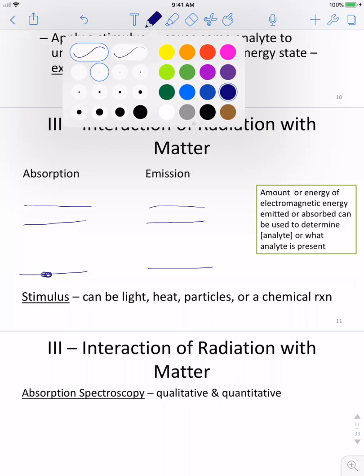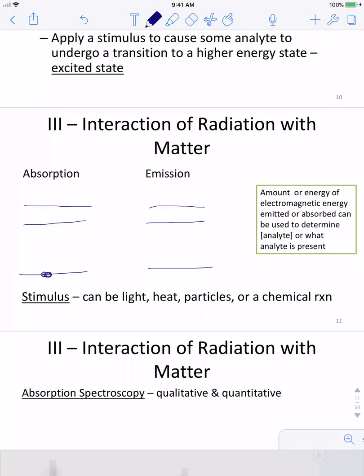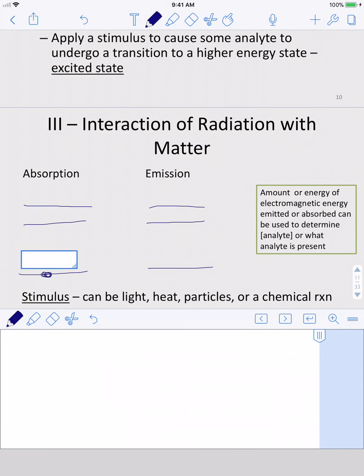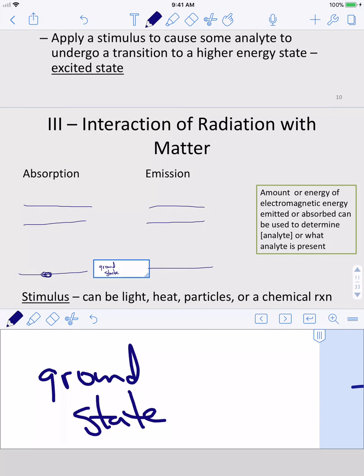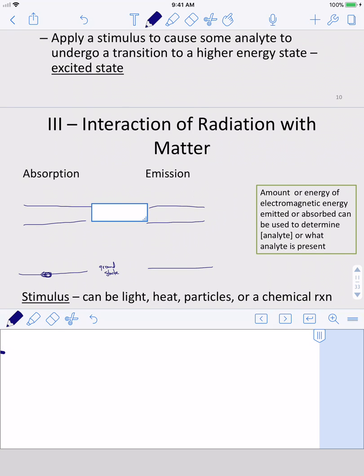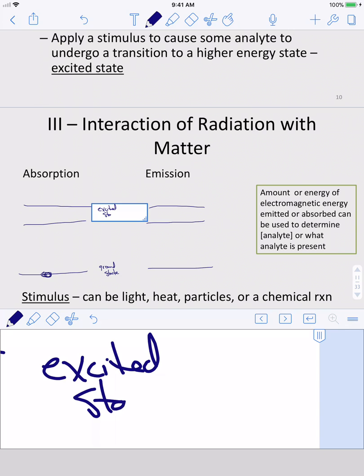Okay, so in either case we have an electron that is going to be, in this case, in the ground state. So this is the ground state. And these are excited states. Higher energy states than ground state.